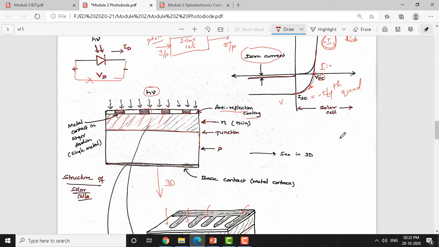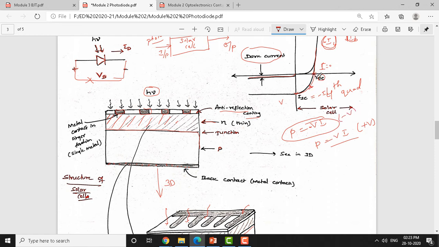I already told you about this because in this region the VI product, if you remember from the last class, P is equal to V into I. If it is negative, that means the device gives energy. If P is equal to V into I is positive, it is a passive device. If it is negative, it is an active device.